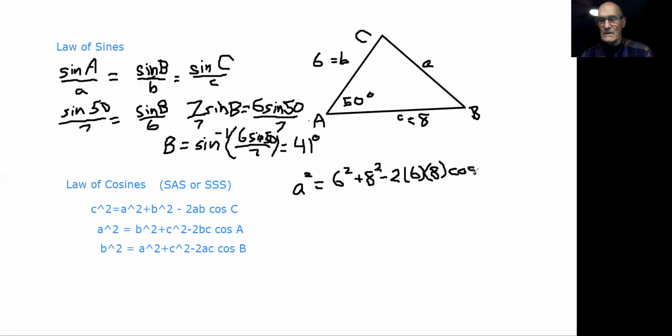Now this is a calculator exercise because it would not be very feasible to expect most people to know what the cosine of 50 is.